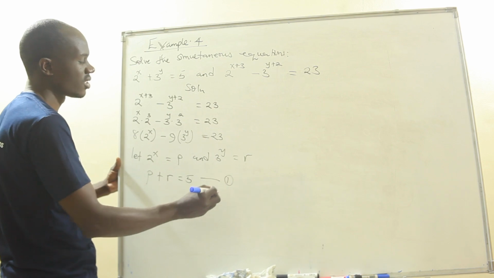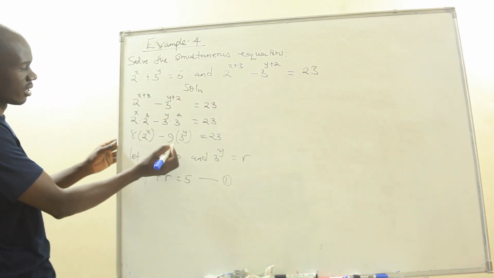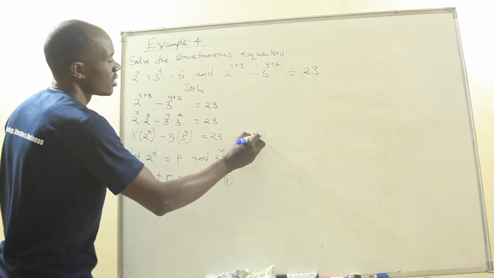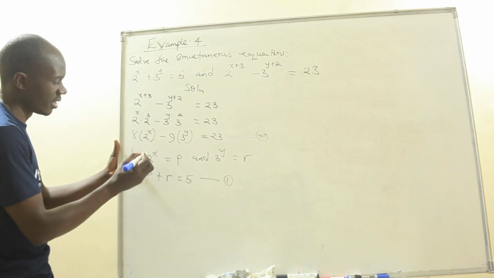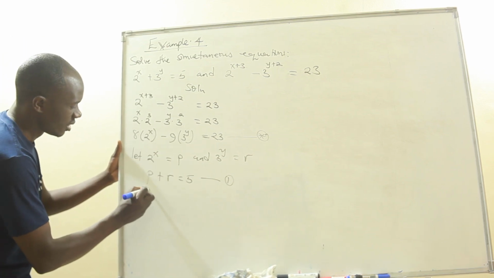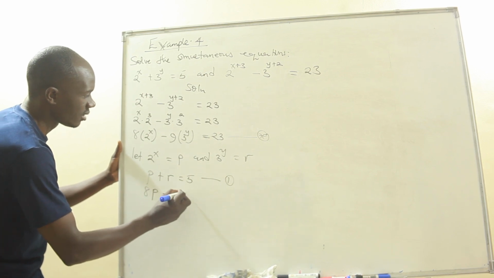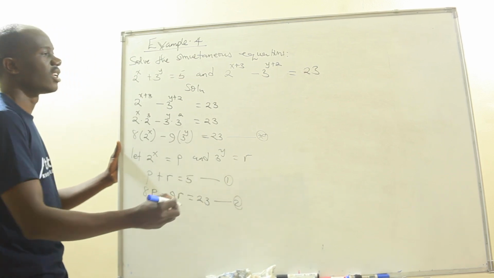I can say this is the first equation. Again, this one here, which I have already reduced, maybe you can call it equation star. When there is 2 power x, you put a p, this becomes 8p minus 9r equals 23. This is the second equation.